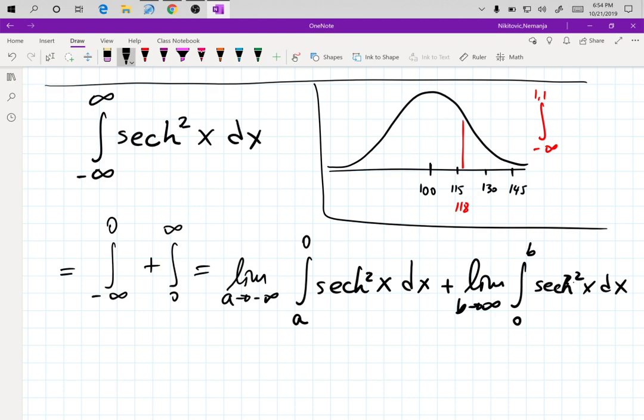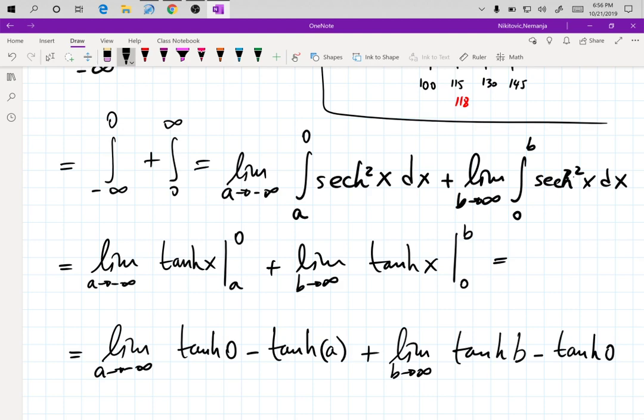So now, if you look at your tangent hyperbolic graph, which I am trying to get to, well, actually, I can just do the Desmos thing because I have it. Tangent hyperbolic of x. There we go.